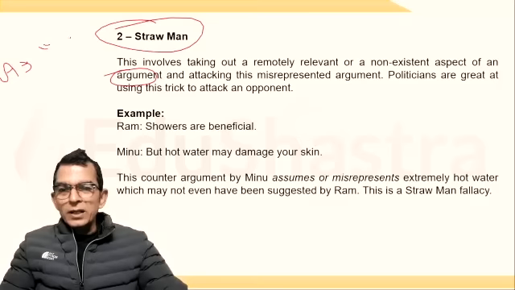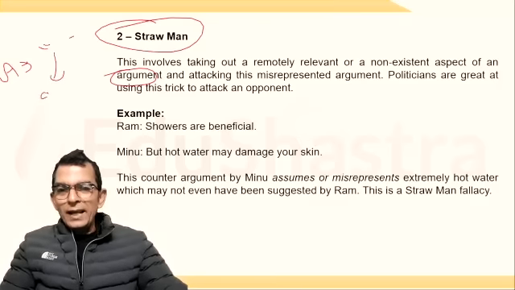I take one aspect of this and attack that aspect. Maybe he said something about C. That is the weakest in his argument. I take that and start attacking this. I leave the main point altogether. What he was discussing, I leave it altogether. And I attack the misrepresented argument.